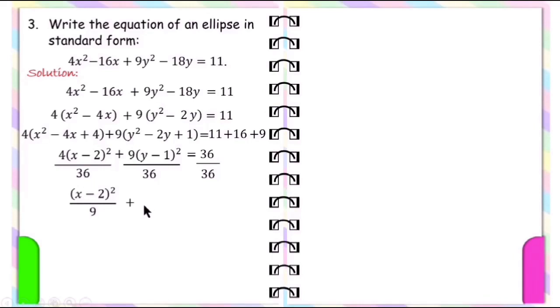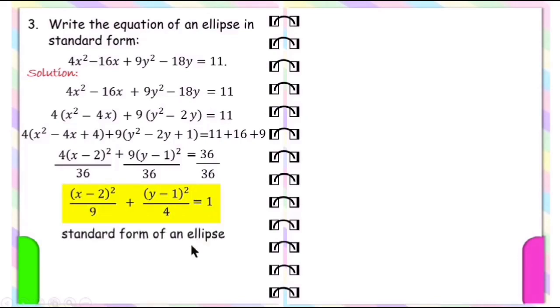Plus (y - 1)² over 4. 9 over 36 is 1/4. 9 divided by 9 is 1, and 36 divided by 9 is 4, equals 1. And this is now the standard form of the equation of an ellipse.